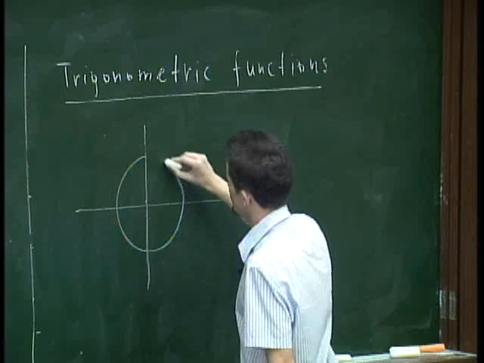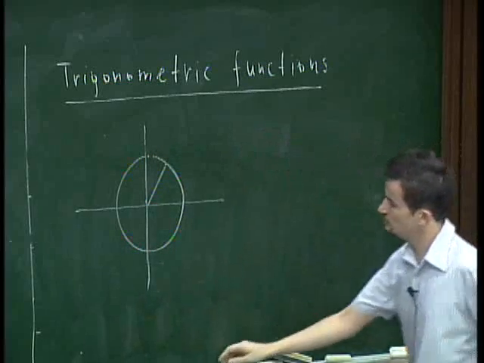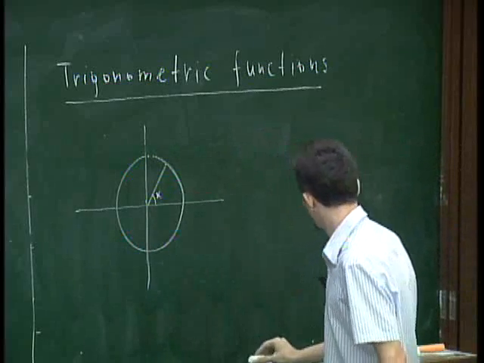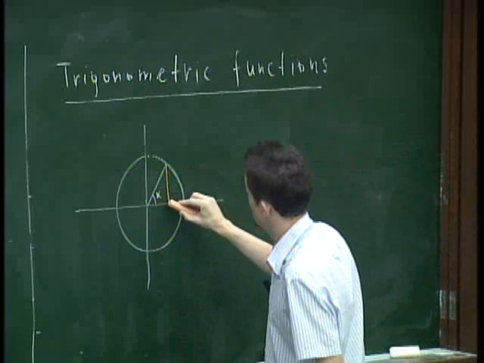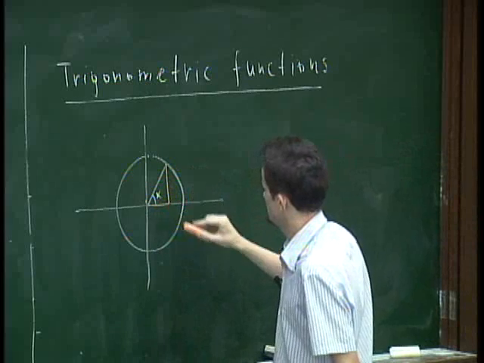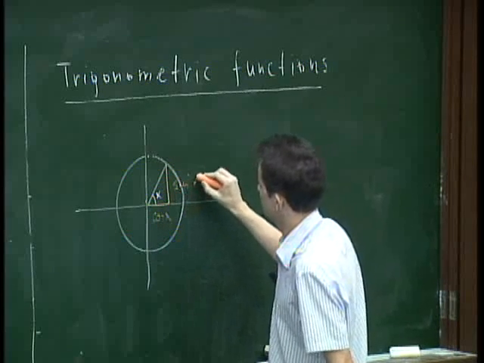Namely, you look at the unit circle, and you measure here the angle in so-called radian measure, and then you see here the cosine of x, and you see here the sine of x.